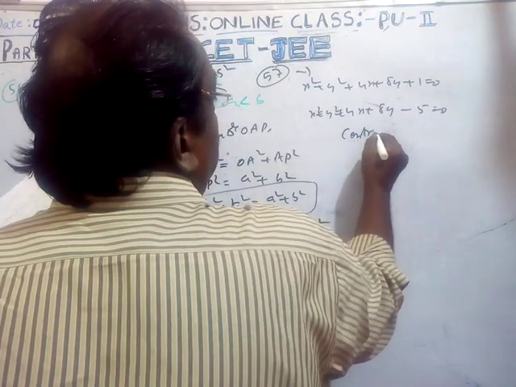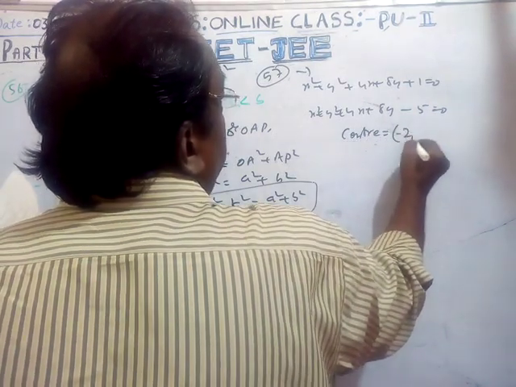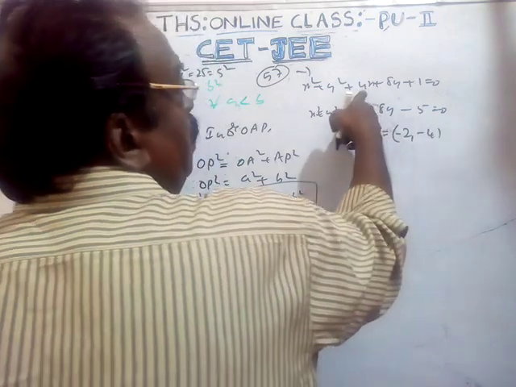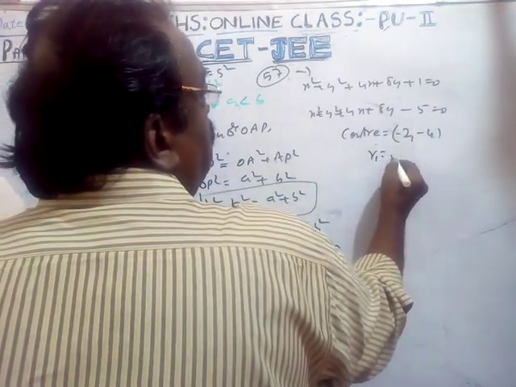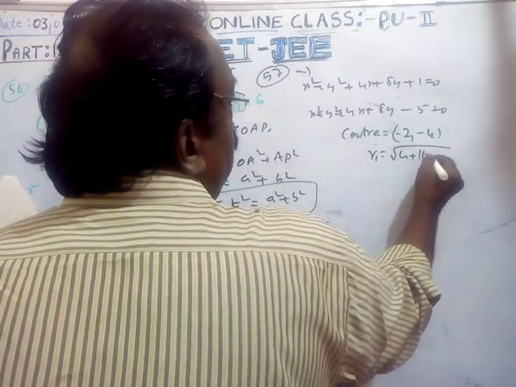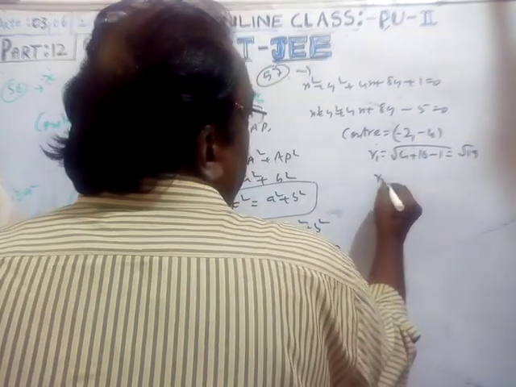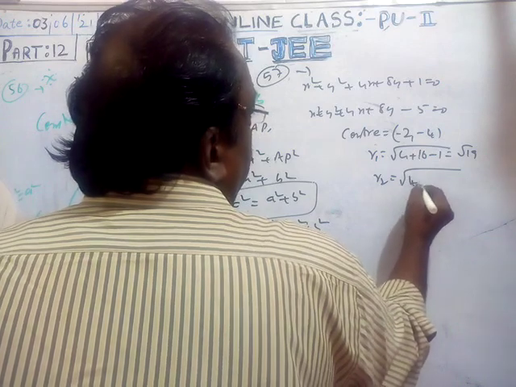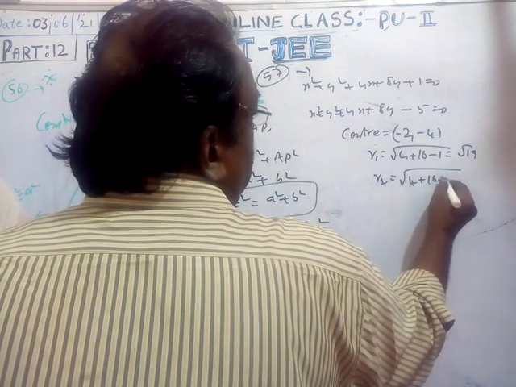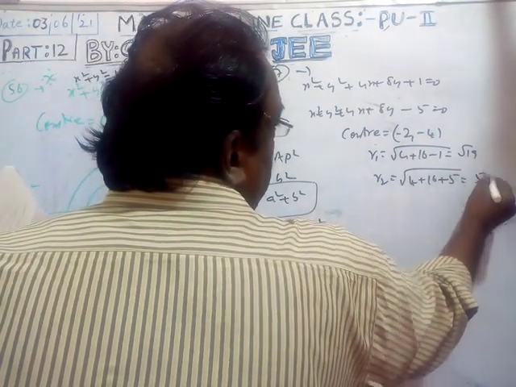Here the center for those two circles is minus 2 comma minus 4. R1 is equal to root of 4 plus 16 minus 1, that is root 19. R2 is root of 4 plus 16 plus 5, that is 5.